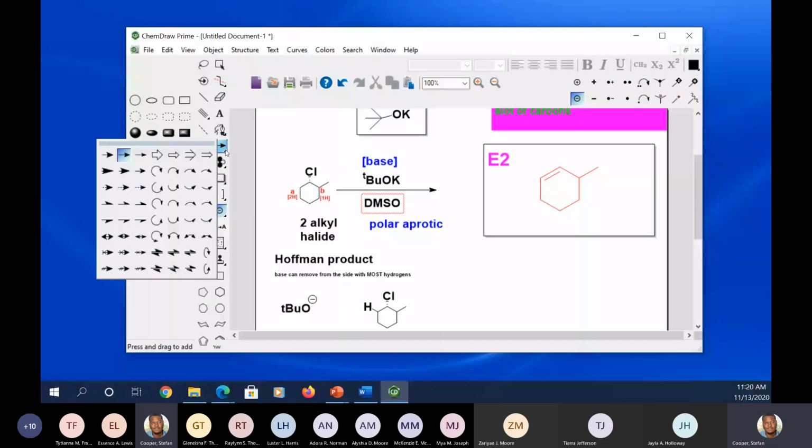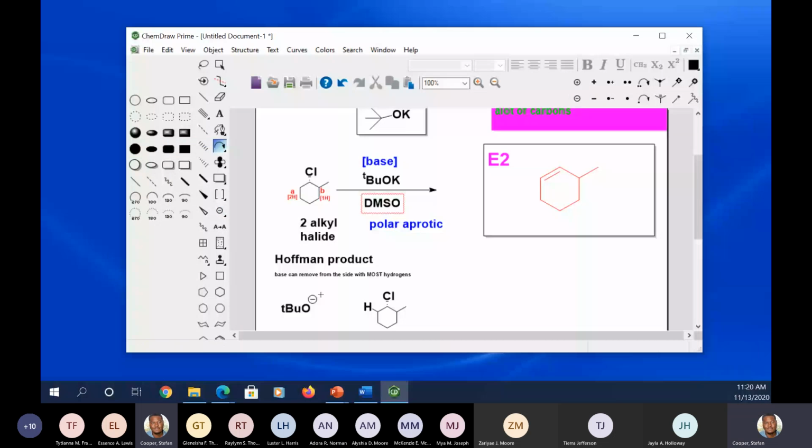All right, I'm going to have its 2 electrons grab one of the H's on the side that had the most. The electrons in this bond are going to collapse to form a double bond, and I'm going to kick off my leaving group.